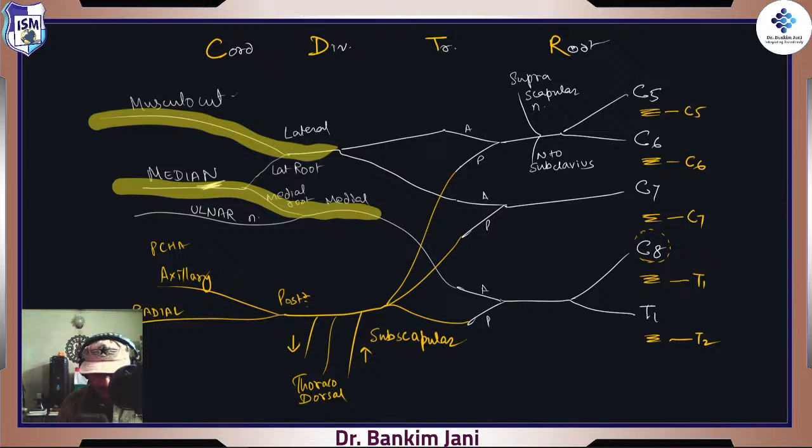And how about this posterior one? Well, no doubt about it, right? This will be going, obviously, our radial now. Now, if you have drawn this figure, this gives you a complete clue. Everything whatsoever that is needed is over there, right?